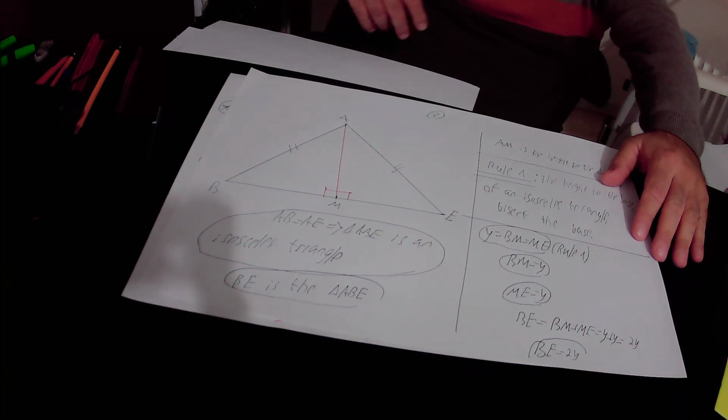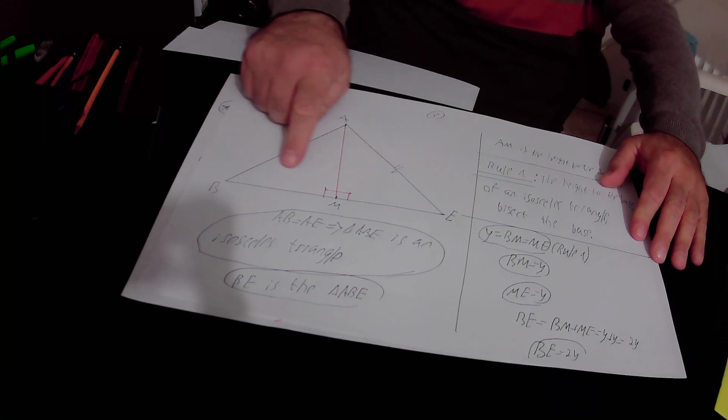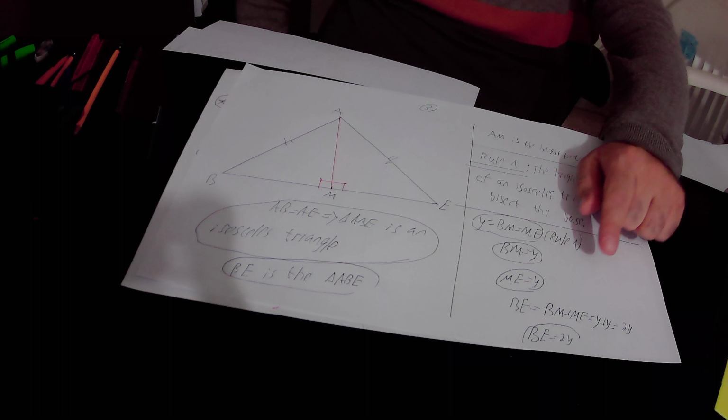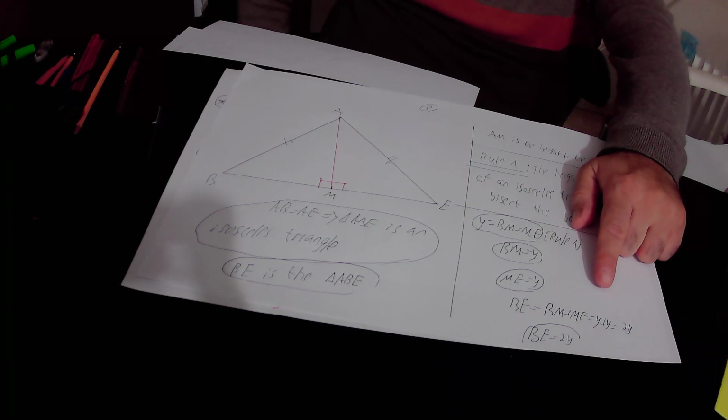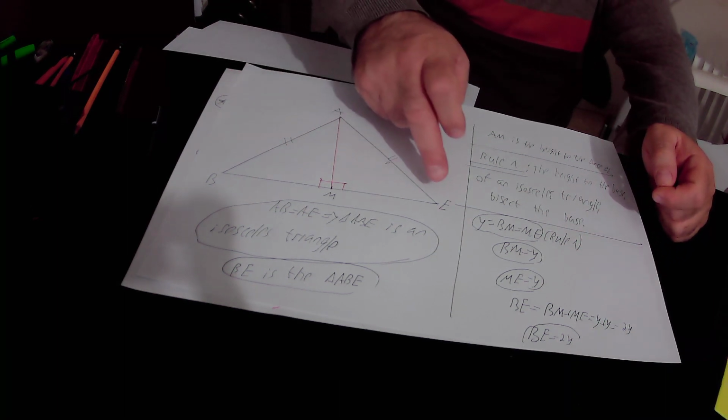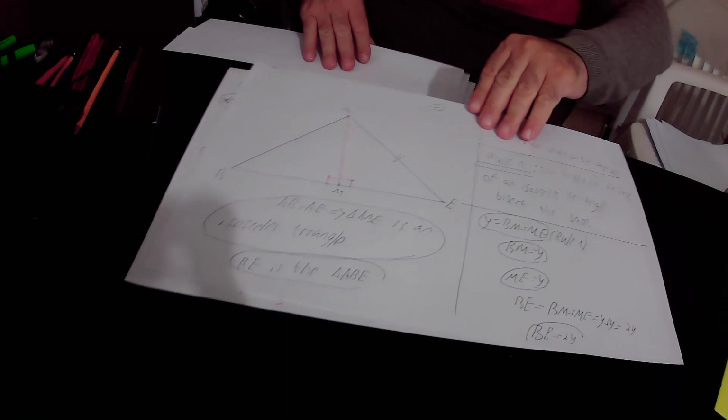But what is the value of BE? You can see from the drawing that BE equals BM plus ME. BM equals Y, and ME is also equal to Y, that is to say BE equals Y plus Y, that is 2Y. So from one side, BE is equal to 2Y.